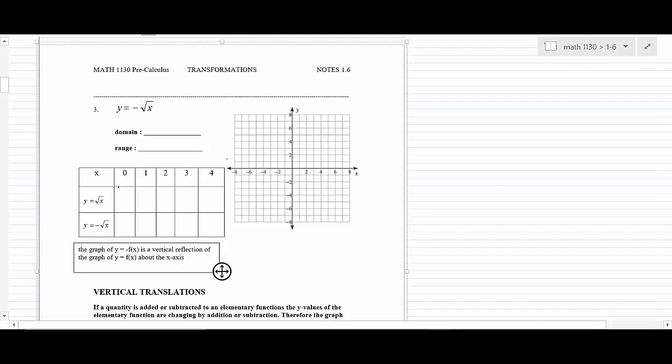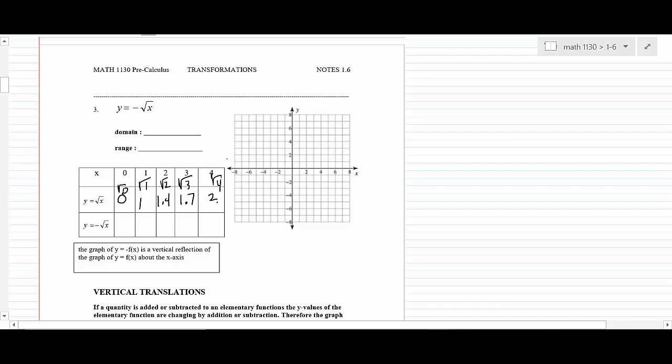So if you just did this in your head, that's square root of 0, so that's 0. This is square root of 1, so that's 1. Square root of 2 is really 1.4 if you did that on the calculator. Square root of 3 is not a whole number; on a calculator, you'd have 1.7. And finally, square root of 4 would give 2.